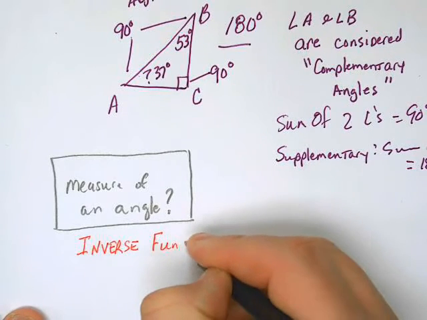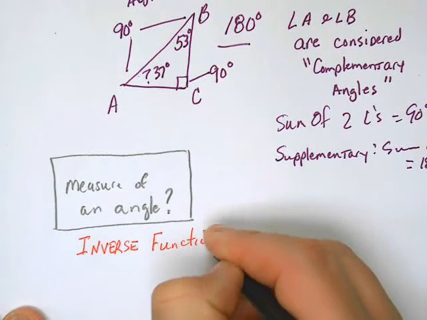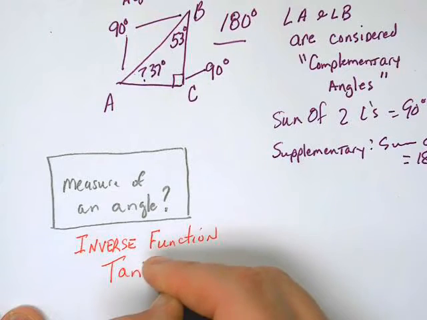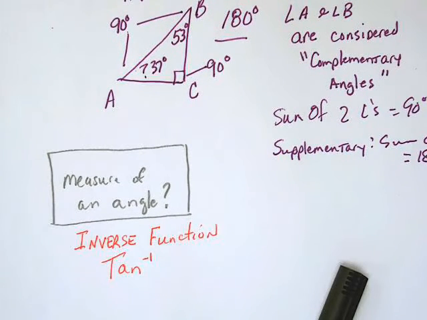We're going to call it the inverse function. It looks like this: tangent raised to the negative 1. Any time that we're trying to find the measure of an angle, we use that button. Got it? It's actually true for sine and cosine as well.